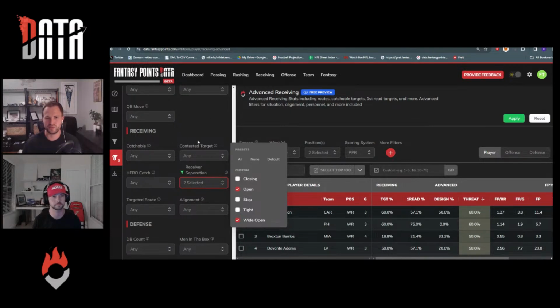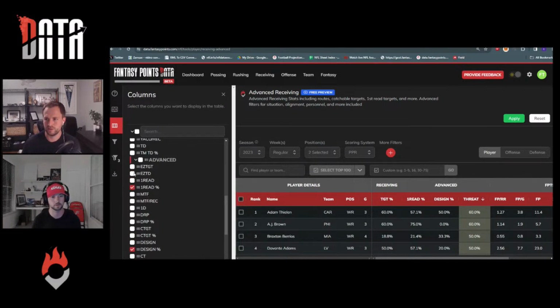Think of a guy running a hitch route who sits between two zones, and the defender is quickly closing on him, but isn't necessarily in coverage on him. We separate that out because otherwise that's not really a guy beating somebody. He was just open in the zone, and now a defender is closing on him. If the defender is 10 steps away, that's not closing. But if he's getting closer to the receiver at the point of the catch, then we would call that closing.